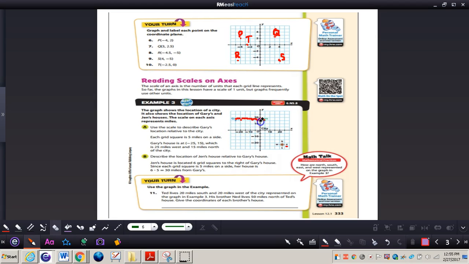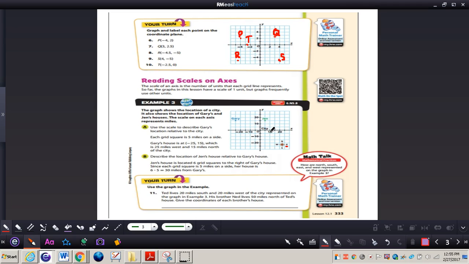Now let's take a look at where Jen's house is in relation to Gary's house. The way you can figure this out is knowing that each square represents 5 miles. And we know that Jen is a total of 6 square units away from Gary. Within our coordinate grid we see that Jen is 6 units away from Gary, but we would not say that Jen is 6 units away from Gary.